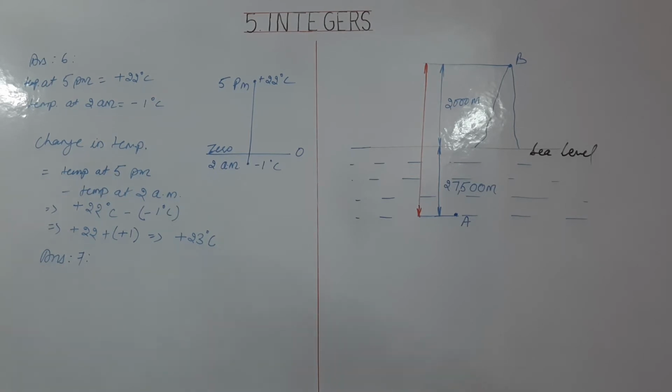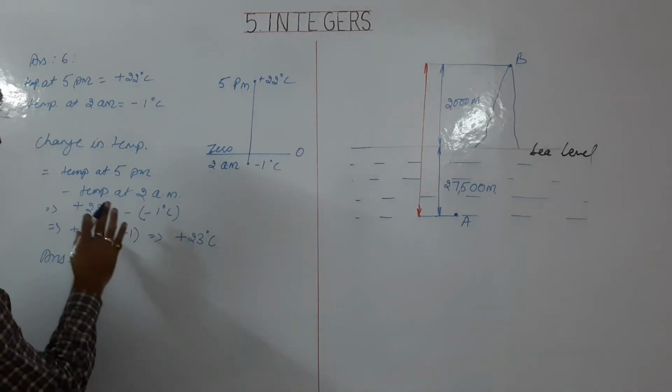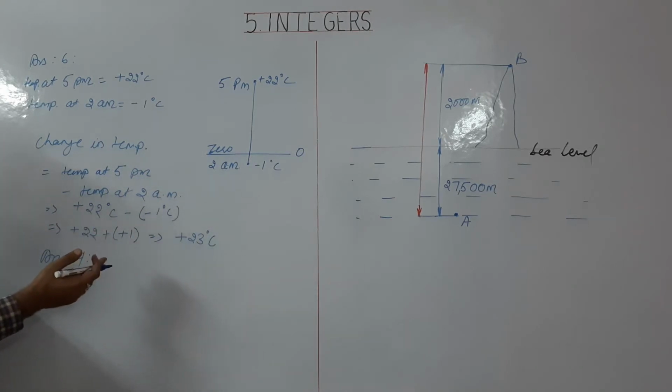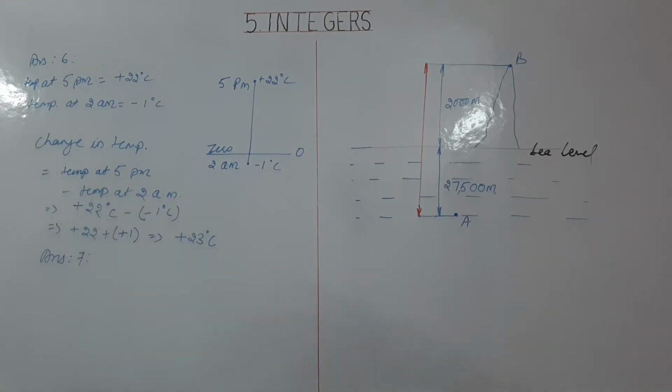Now the statement which I am going to write is not the best or perfect statement, but still it will work. So what to write? Point A is 27500 meters below sea level.